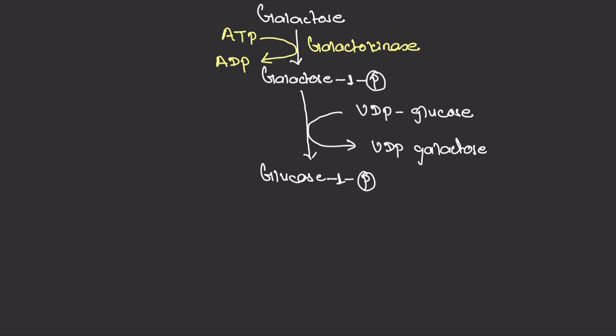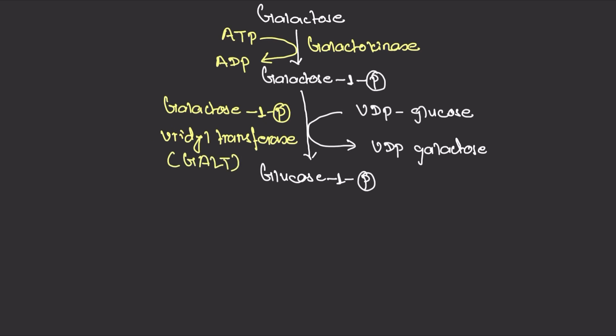Remember, this step is catalyzed by the enzyme galactose 1 phosphate uridyl transferase, basically GALT, G-A-L-T. So the second step of galactose metabolism is the conversion of galactose 1 phosphate to glucose 1 phosphate, catalyzed by galactose 1 phosphate uridyl transferase.